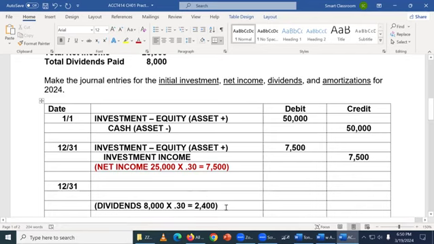Okay, so while we get the cash, we don't do cartwheels because our cash went up, but our investment went down.